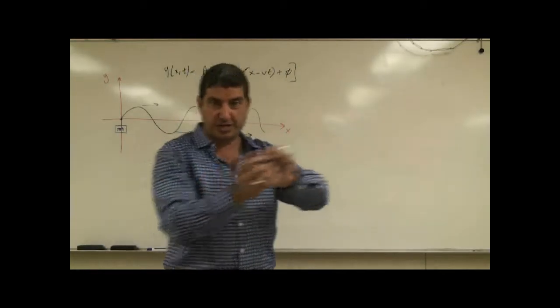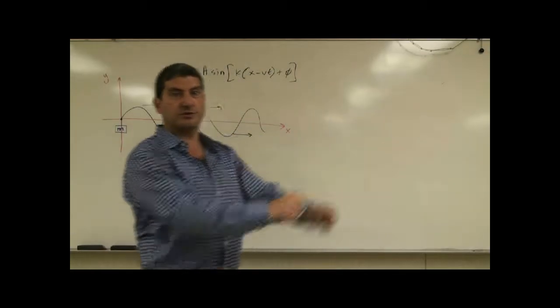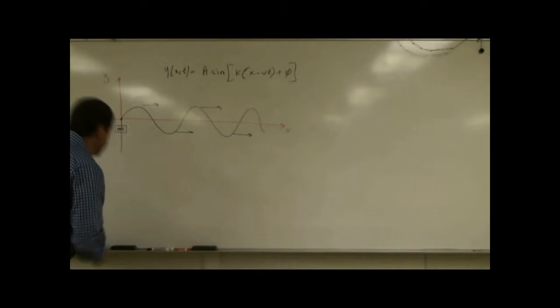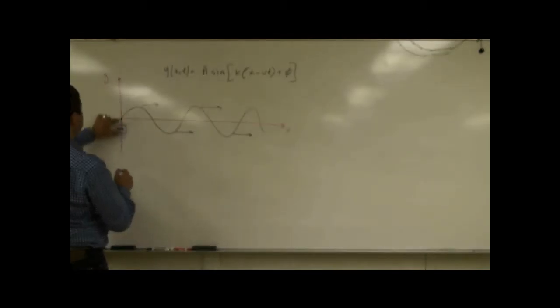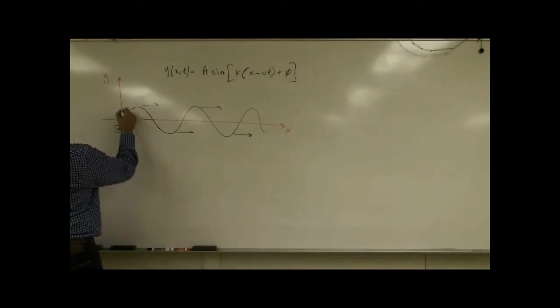You're not actually transferring objects this way, but you're transferring energy to the right. So this object will simply bob up and down, because as the wave comes this way, the object moves up and down like this.